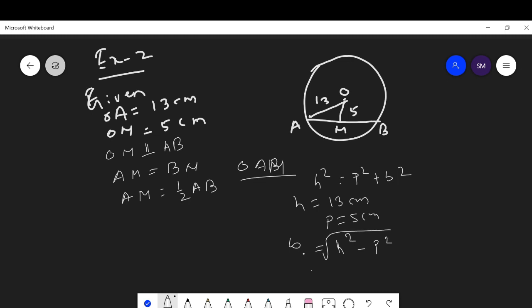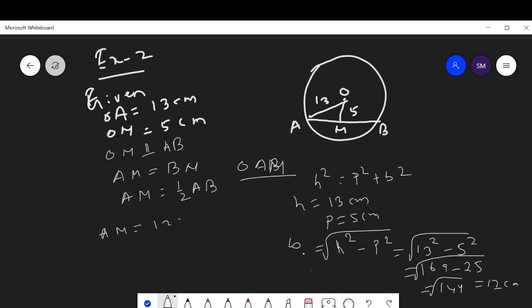Then this is square root of 13 square minus 5 square, which is equal to square root of 169 minus 25, which is equal to square root of 144. This means 12 cm. Here we find that AM is equal to 12 cm.